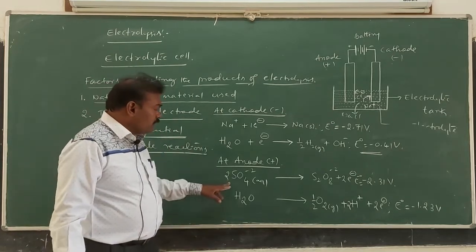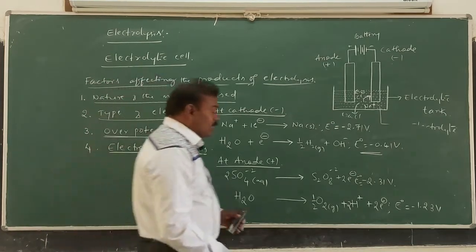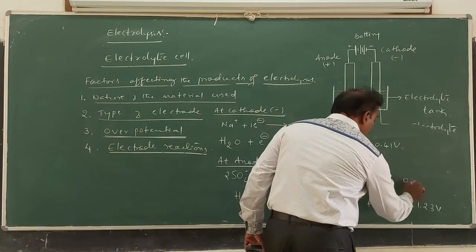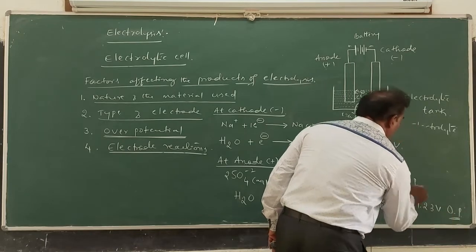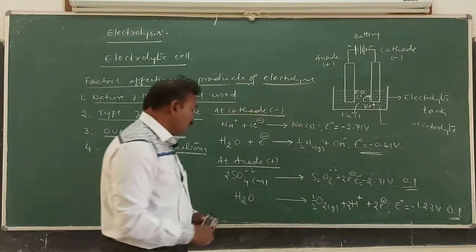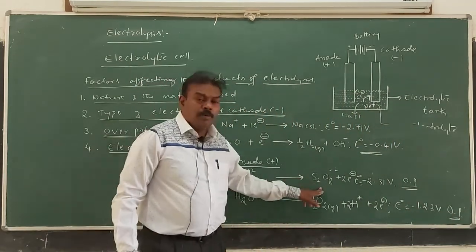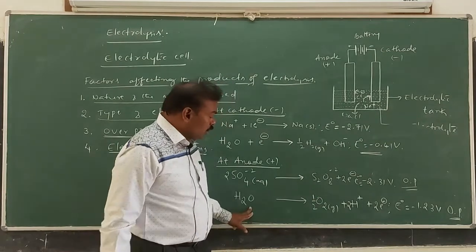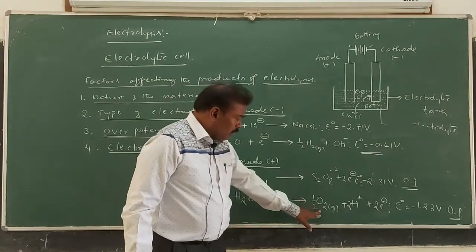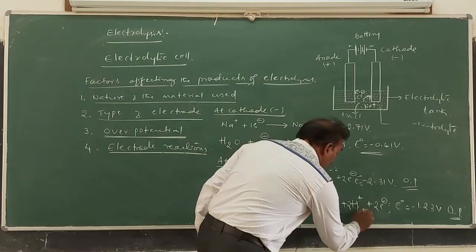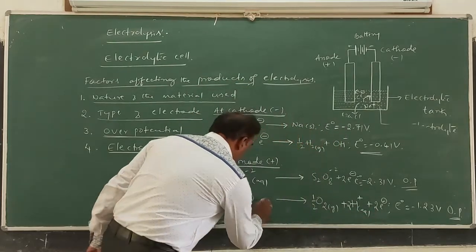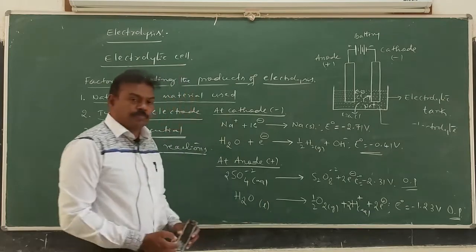Now you see this. In both cases, the oxidation potential values are given: oxidation potential of the sulfate ion into persulfate ion, and oxidation potential of water into oxygen and hydrogen ion. I just mentioned here the aqueous state and the liquid.